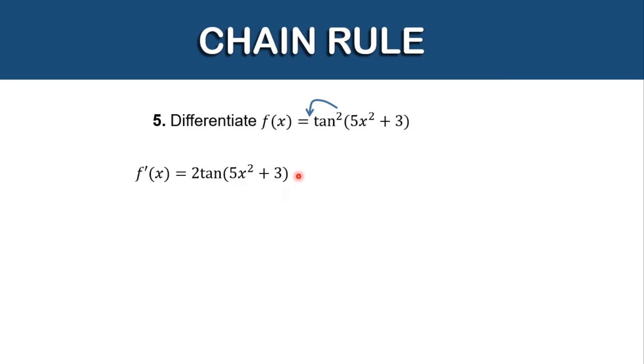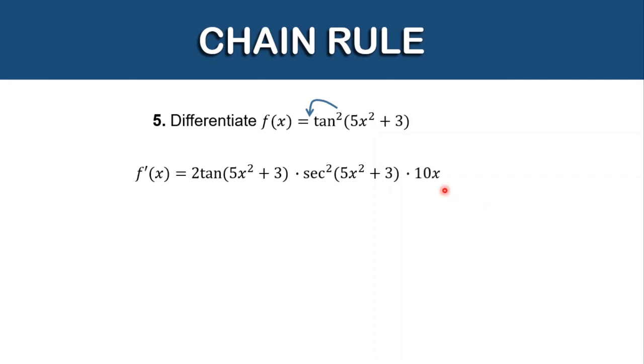Then, multiply natin dun sa derivative ng tangent. The derivative of tangent is secant squared. So, we have secant squared of the quantity 5x squared plus 3. Then, imumultiply pa natin sa derivative ng inside function. The derivative of this is 10x.